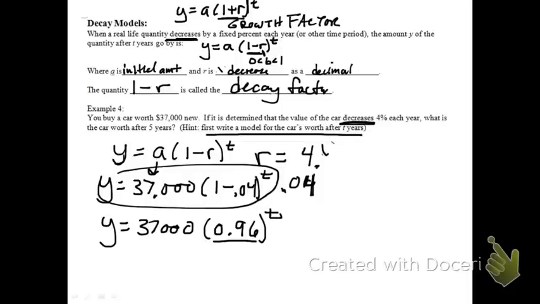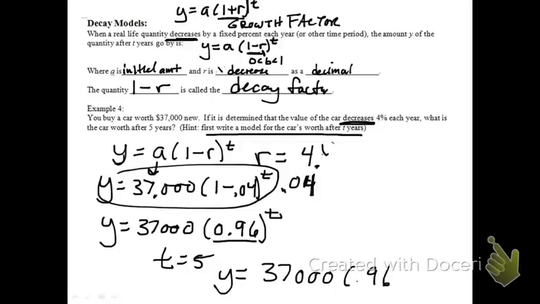To answer the question, our t value is 5 years. How much is the car worth, right? So we're just going to substitute in 5 and get 37,000 times 0.96 raised to the 5th power.